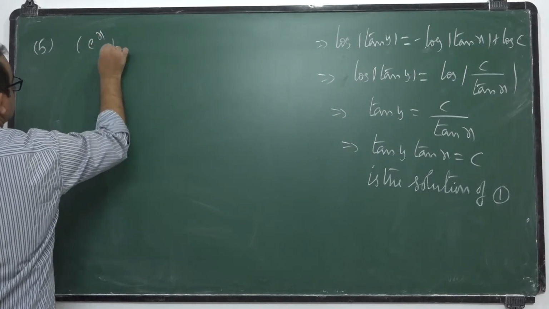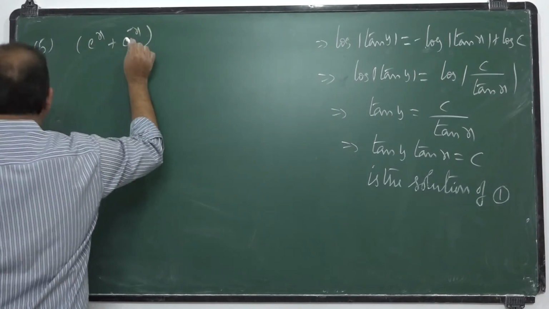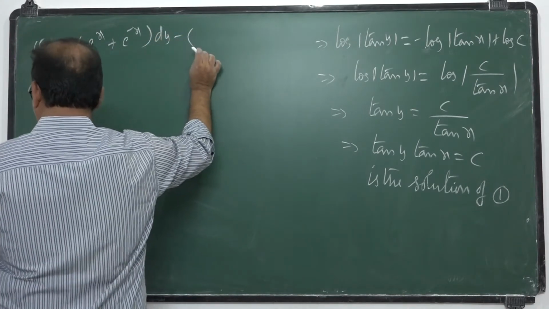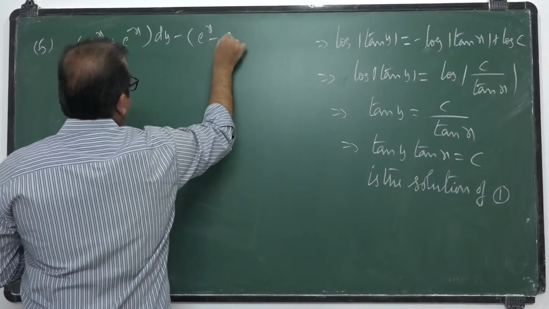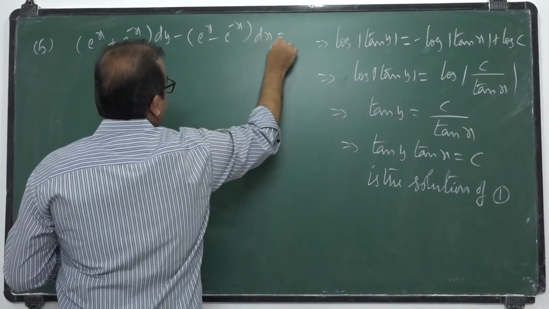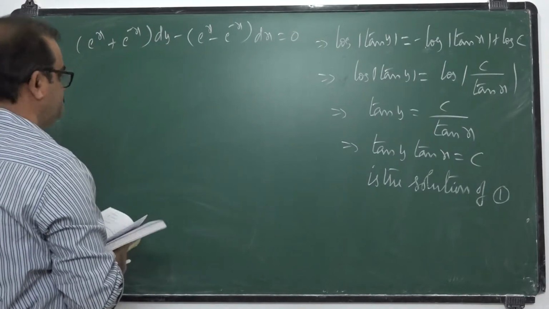E power x plus e power minus x into dy minus of e power x minus e power minus x into dx is equal to 0.